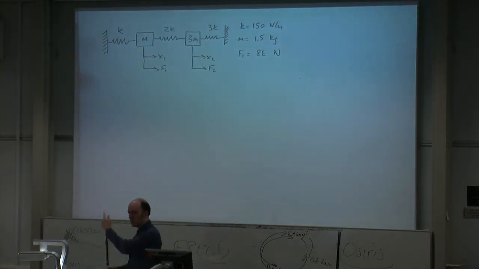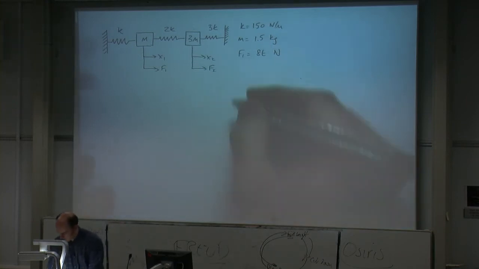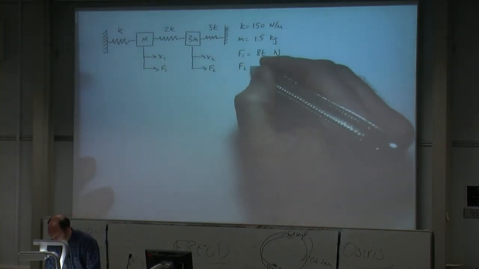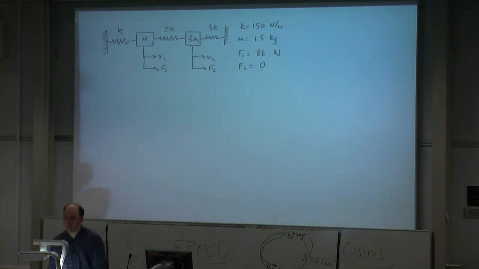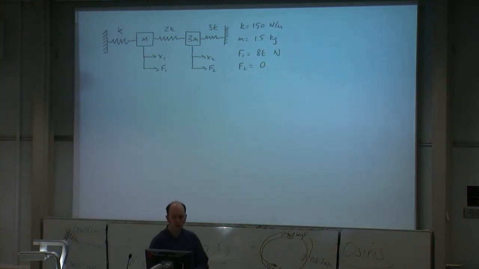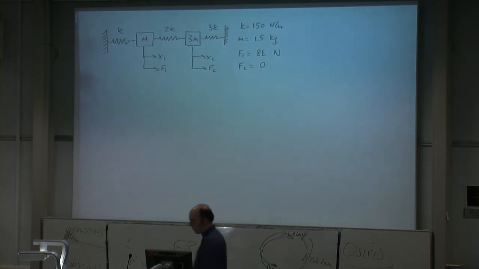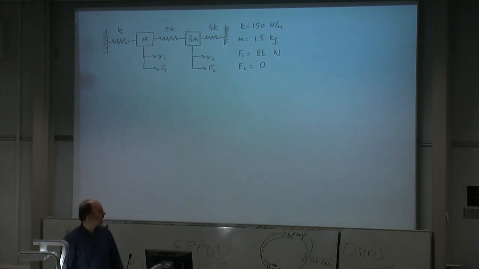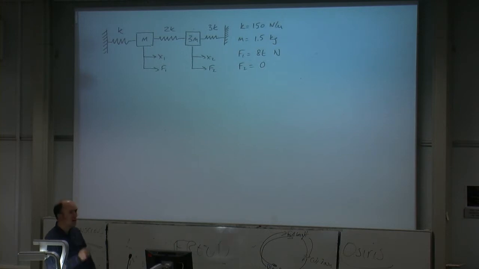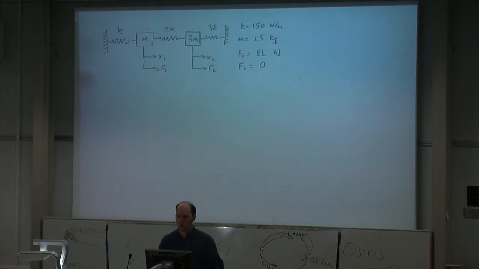As time goes up, the force being applied goes up, and F2 is 0. Okay, so there's no force being applied to F2. So the only force that's being applied is to the first mass, m1, which has a mass of 1.5 kilograms. And that force is going to slowly increase with time. And we want to find out what is the response of the system.